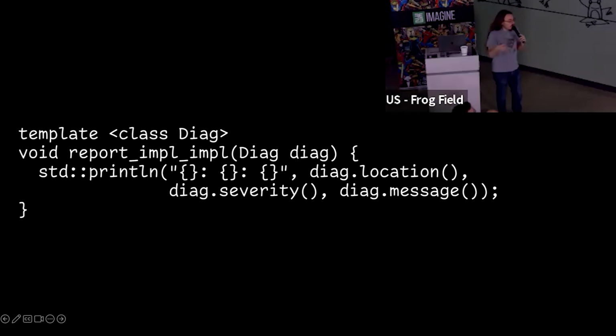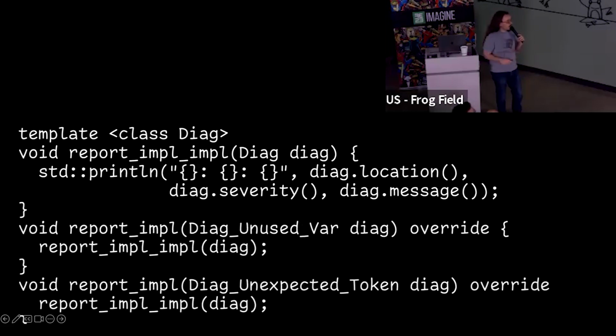Well, it's a template. It's not a virtual function. And we call that from our virtual functions. So it's a little better because we're not copy pasting the println code, but we still have to write out all of the different overrides, all the different virtual functions. So it's an improvement to what we had originally. It's still not ideal.